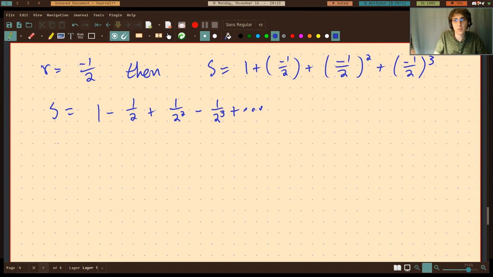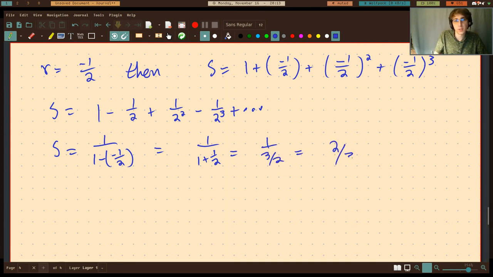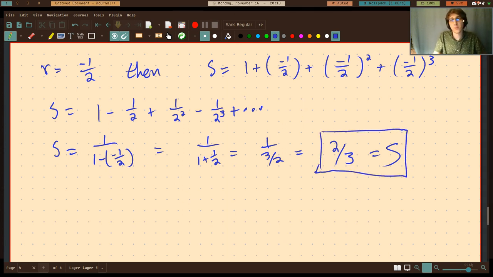And we can use our formula. S is equal to 1 over 1 minus r, which is minus 1/2, which is 1 over 1 plus 1/2, which equals 1 over 3/2, which is 2/3. So you can see our formula worked. And for 1/2, like I said, it converges to 1.